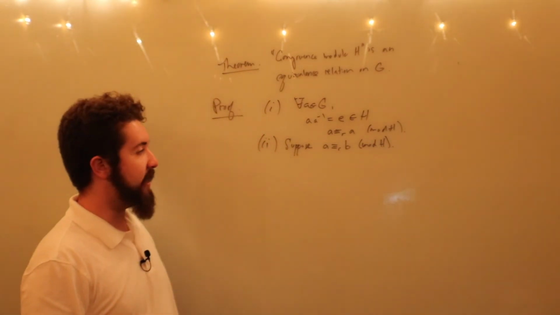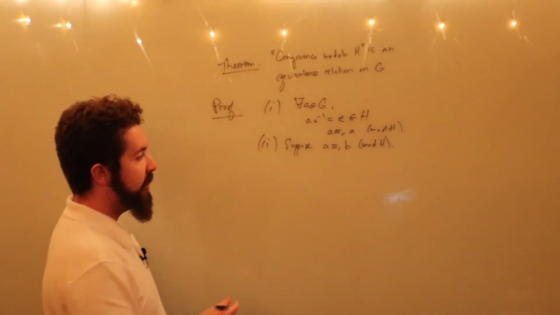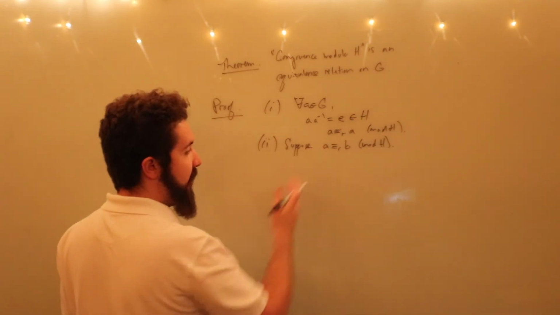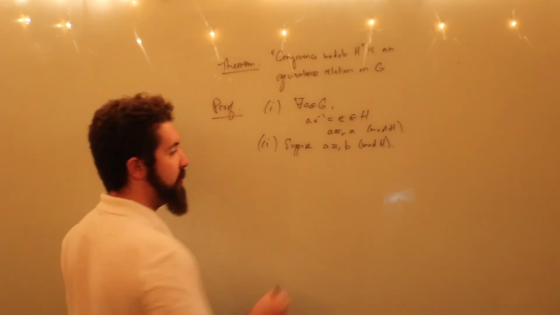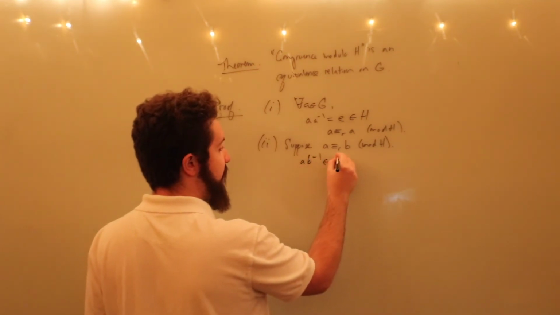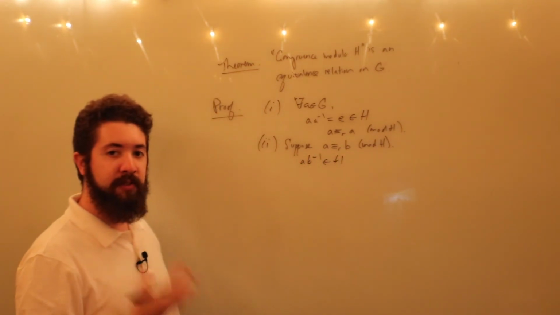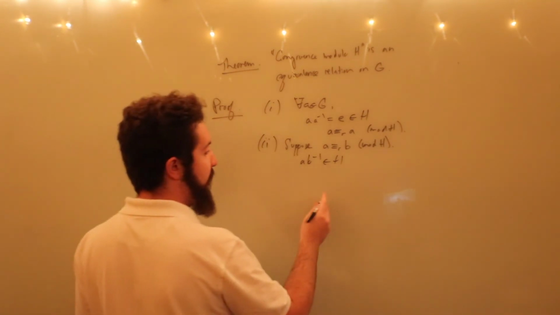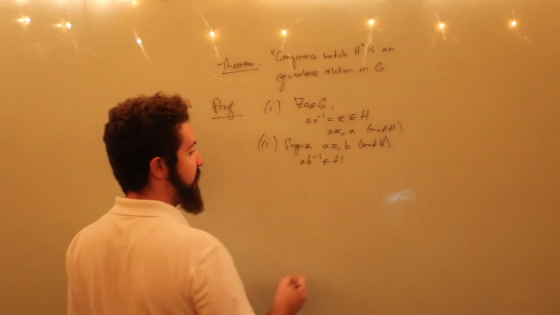Alright, for our second axiom, we have to show that it's symmetric. So suppose that A is right congruent to B mod H. Well, this implies that AB inverse is in H. But H is a group, right? It's a subgroup, which means that it contains its own inverses.